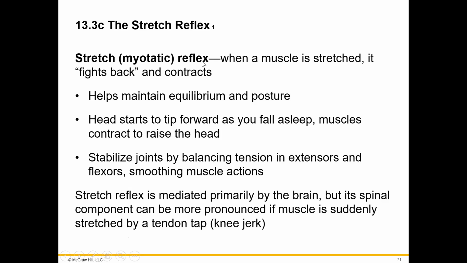There is a stretch myotatic reflex. The stretch myotatic reflex happens when a muscle is stretched and it fights back and contracts. It helps maintain equilibrium and posture.